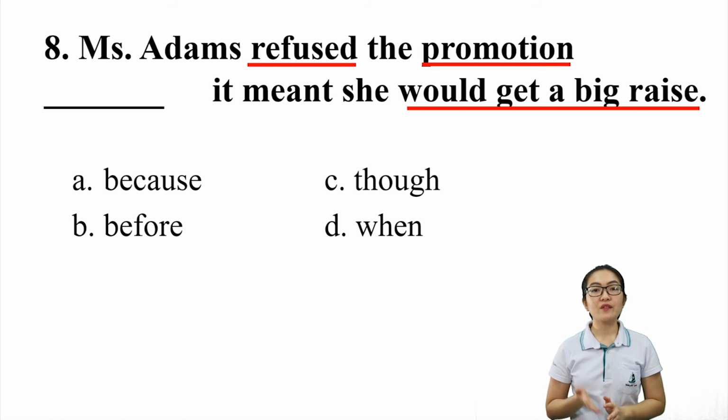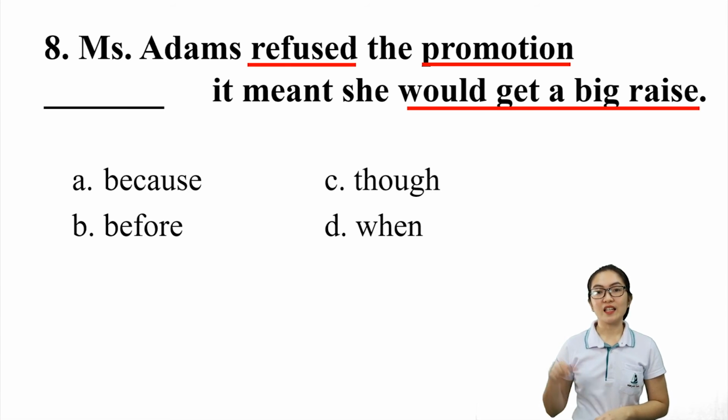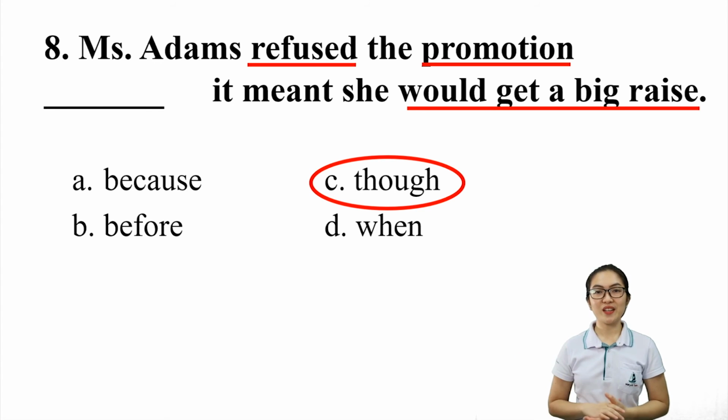So since we have negative and positive ideas here, therefore, the two show contradiction. Letter A is about reason. Letters B and D are both for time. Hence, the answer is letter C, though. Very good.